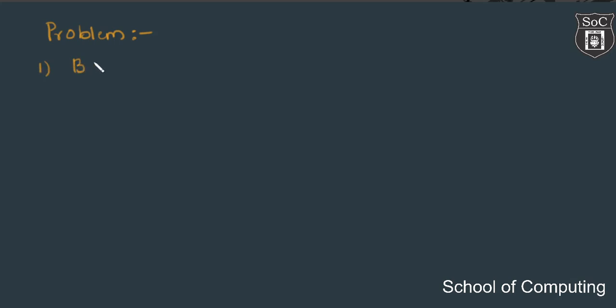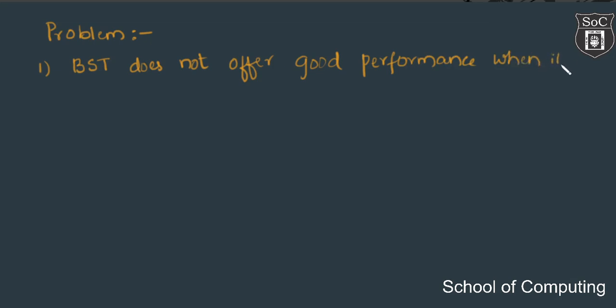So BST does not offer good performance when it is skewed. So what is a skewed tree, we have seen. When it is skewed, the performance is very poor. It is almost the same as a linear search algorithm.